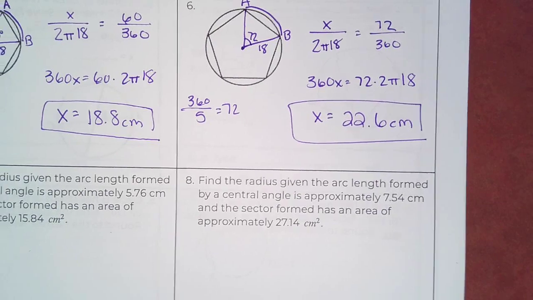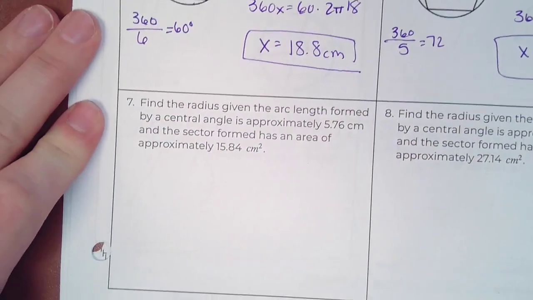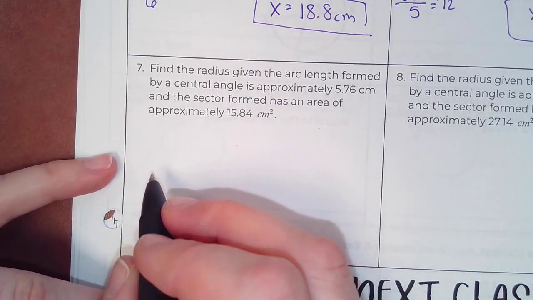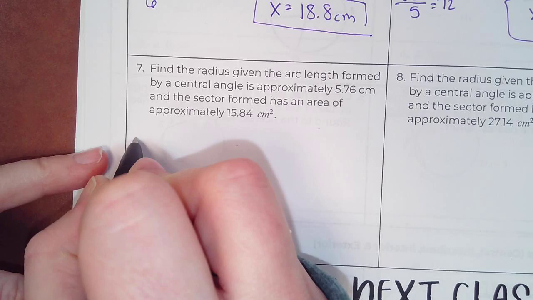All right, last two here. So it says, find the radius given the arc length formed by the central angle is approximately 5.76 centimeters and the sector formed has an area of approximately 15.84. All right, so this time let's take a look at our proportions here.